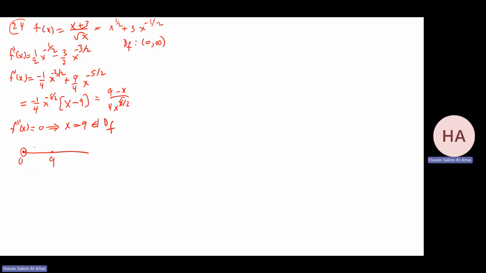It will be positive, and this is negative. So it's concave up from 0 to 9, concave down from 9 to infinity, and the inflection point is 9, and we substitute in the original function. f at 9 will be what? Will be 12 over 3, which is 4. This is the inflection point.